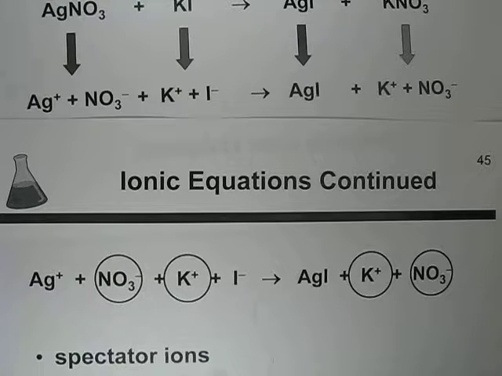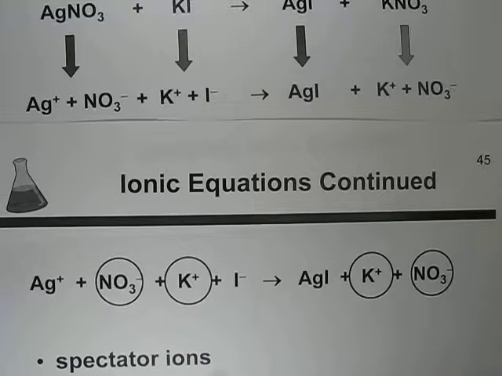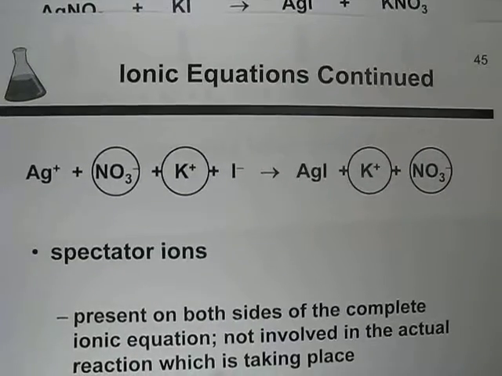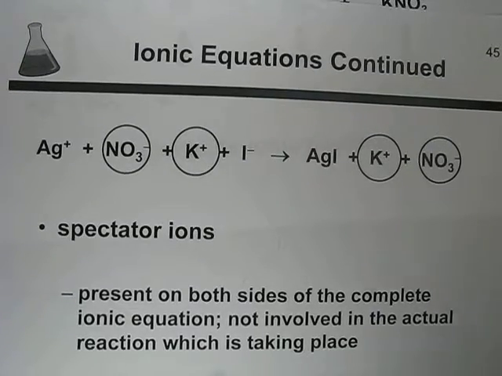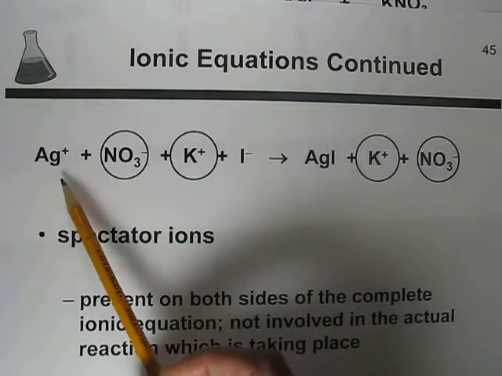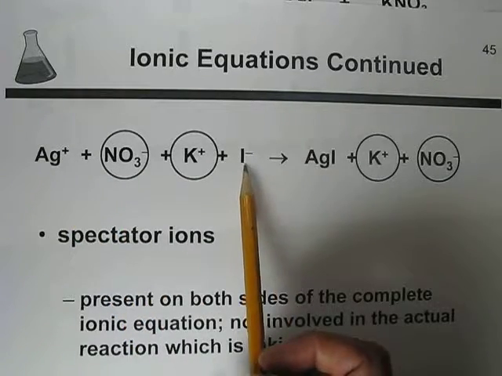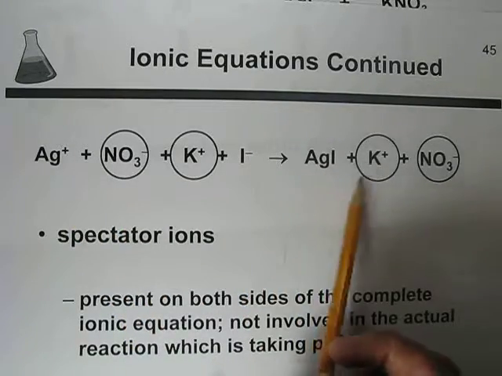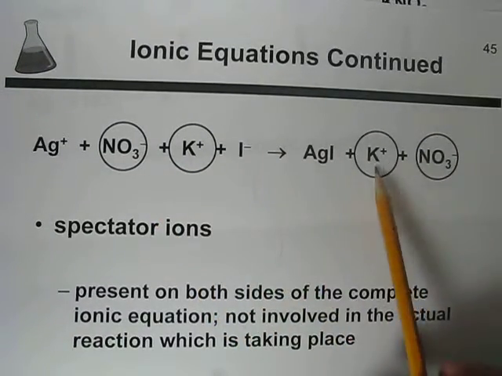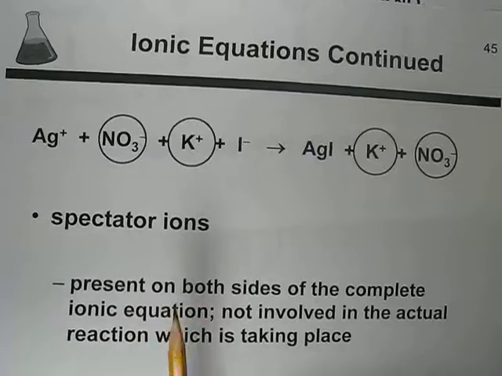Those ions which remain on both sides are called spectator ions. If we write the net ionic equation, silver ion reacts with iodide ion, forming silver iodide. That is the main ionic reaction, and the others are spectator ions.